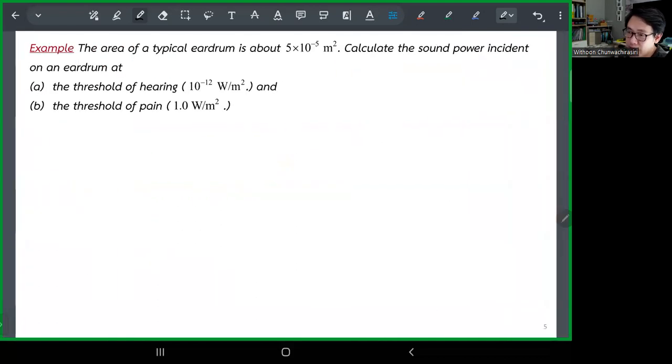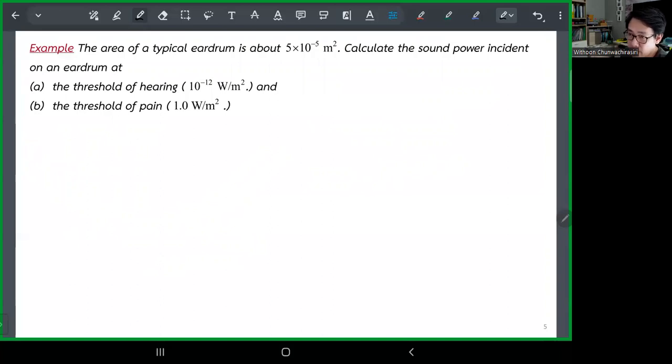Next one, guys. Try this. This is pretty realistic. The area of a typical eardrum, pretty close to reality, is around 5 times 10 to the negative 5 square meters. Calculate the sound power incident on an eardrum at a given intensity.